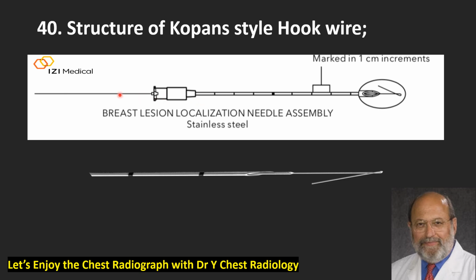And the second one is this linear, thin, long needle-shaped hook wire. If you look closely, this is the needle introducer, and the inner one is the hook wire, Kopans hook wire needle. This length is 1 centimeter.